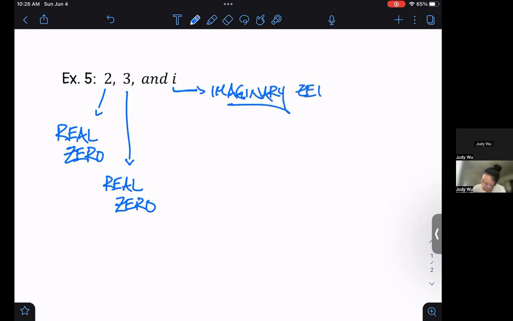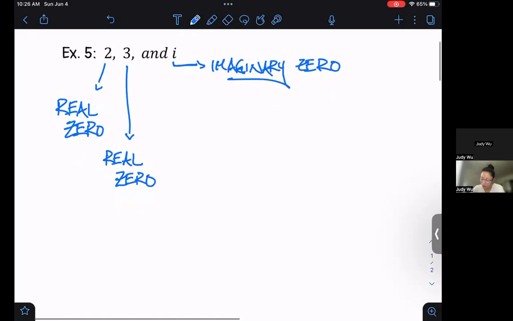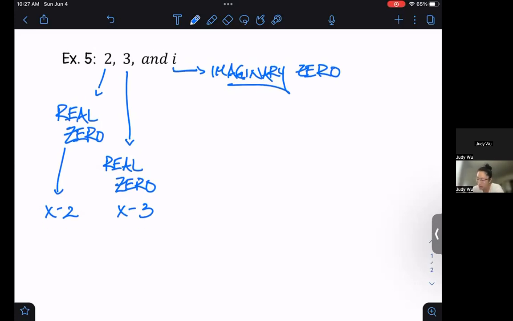0. Okay? So if x equals 2 is a real 0, then it follows that x minus 2 is a factor, right? And if we have x equals 3 as a 0, then x minus 3 is a factor. And so when we have the real zeros, that's fine, right? Each one just comes by itself. But this imaginary 0, that's the one that comes in pairs, okay?